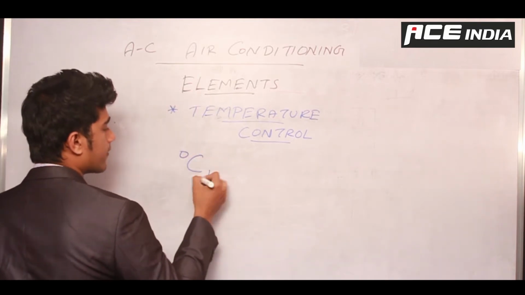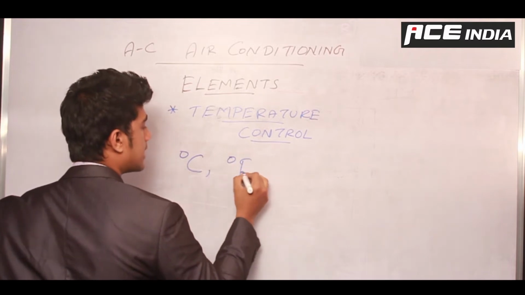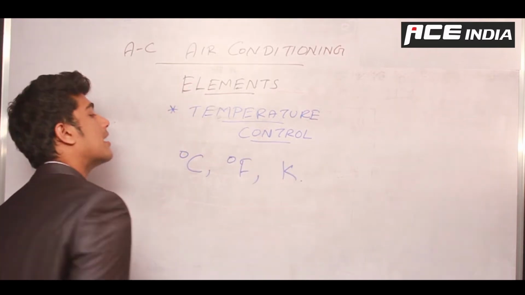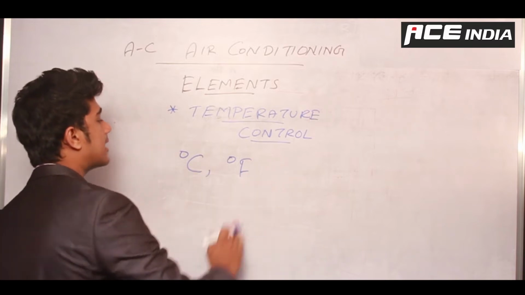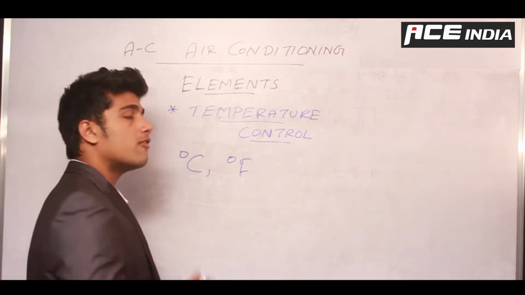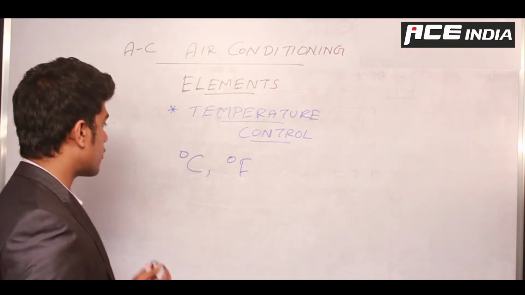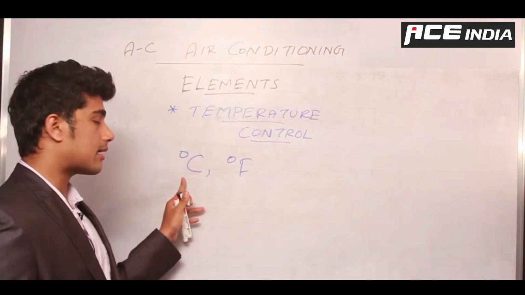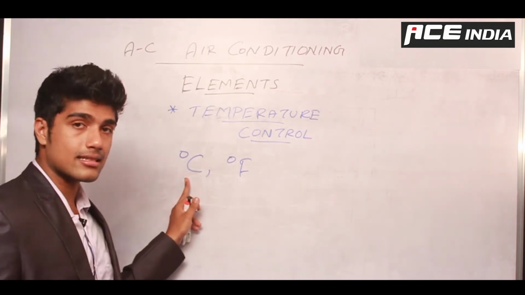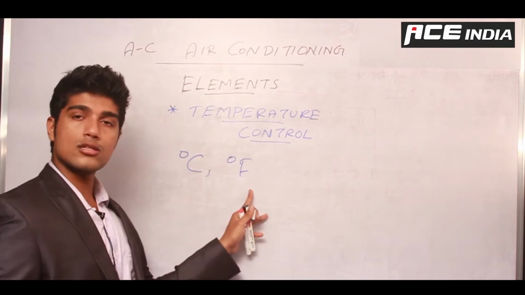Normal units that we use are degree Celsius, degree Fahrenheit and the Kelvin scale. The Kelvin scale is not normally used for our practical purposes. Either degree Celsius or degree Fahrenheit will suffice. But in the case of our systems, or Middle Eastern or Indian conditions, the normal temperature unit is degree Celsius.